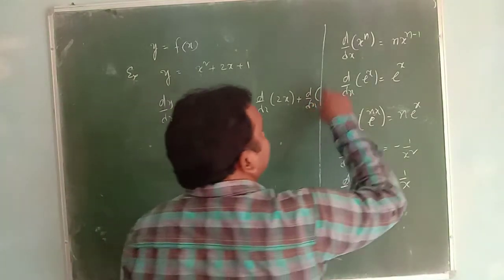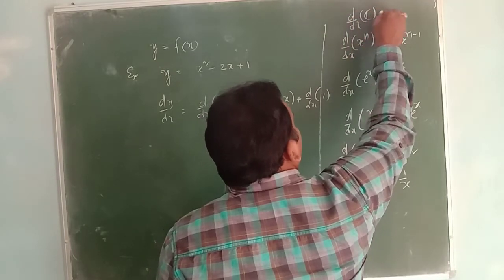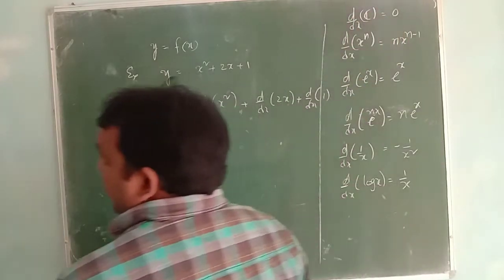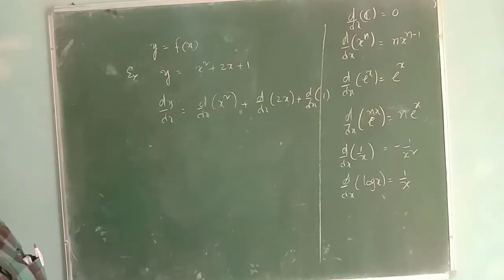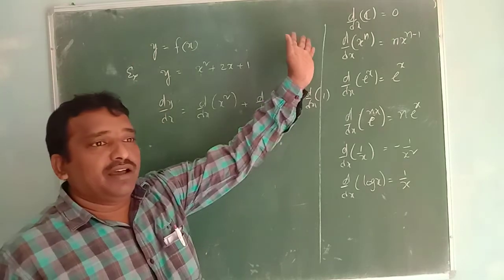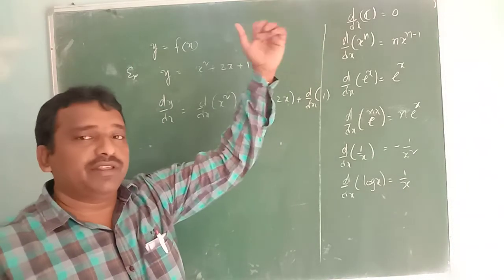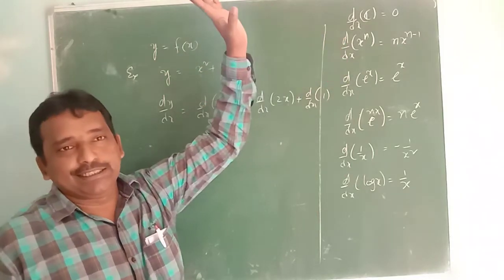Here 1 is constant, so the derivative of a constant, if it is c, is always equals to 0. And when the constant is multiplied with the variable, then by that time it won't be 0.